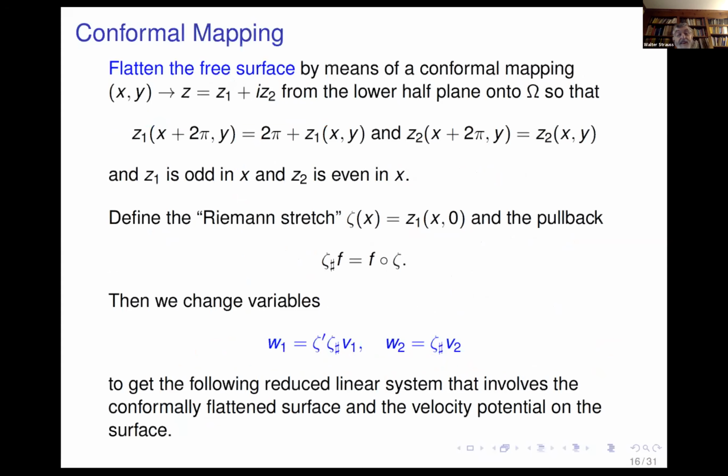Now further, a very important thing is because the domain is unknown, the surface is unknown, so the domain omega is unknown. And we flatten the free surface in a standard way by conformal mapping. So here's a conformal mapping. And in terms of the conformal mapping, I'm going to skip the details of this slide.